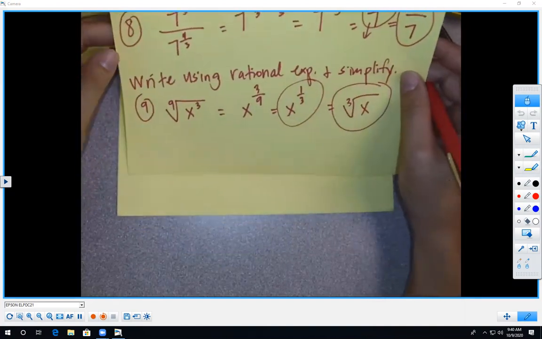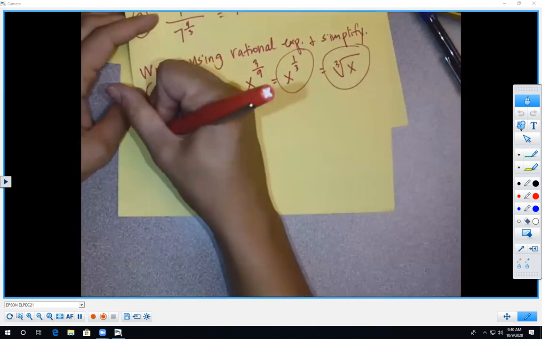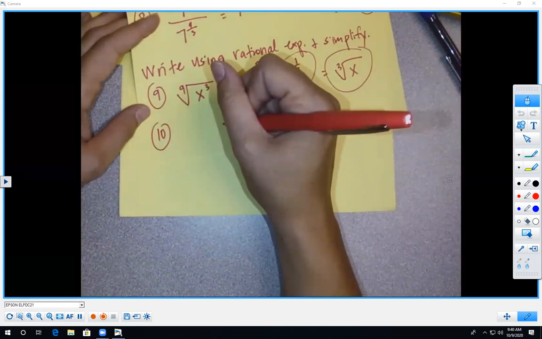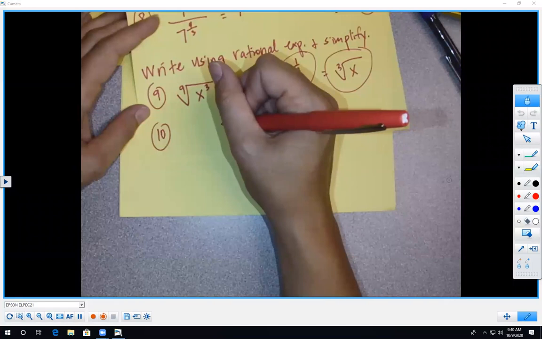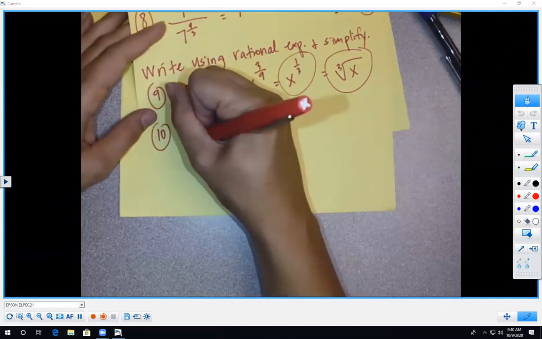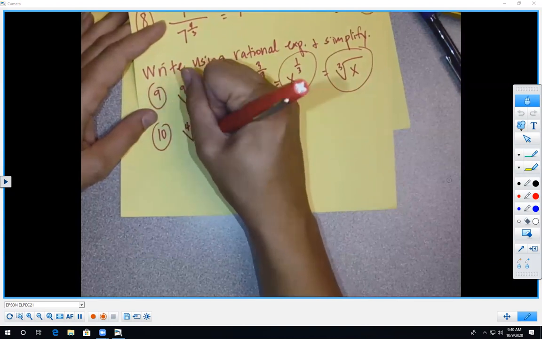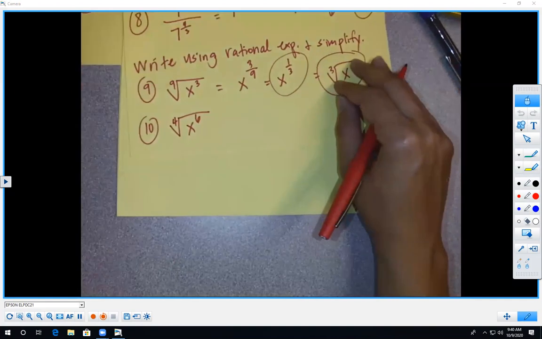Okay, let's do another one like that. What about if I had the 4th root of x to the 6th power?